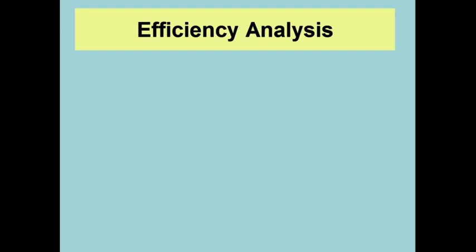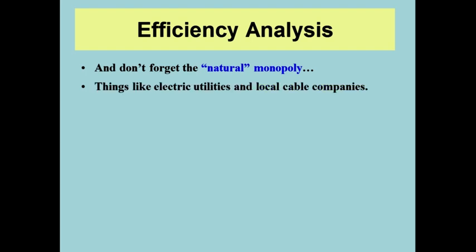And we can't forget the natural monopoly, which we likely have already talked about in class. I gave some examples, most likely electric utilities or local cable companies. They're both examples of local monopolies. Well, let's think about the situation with these kinds of firms.